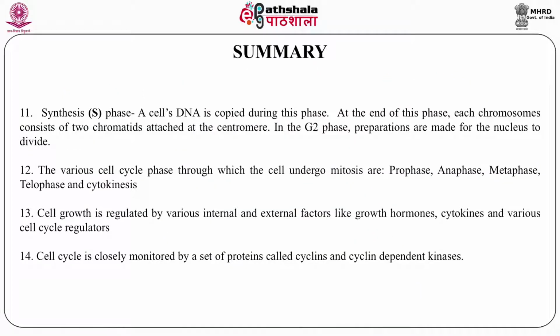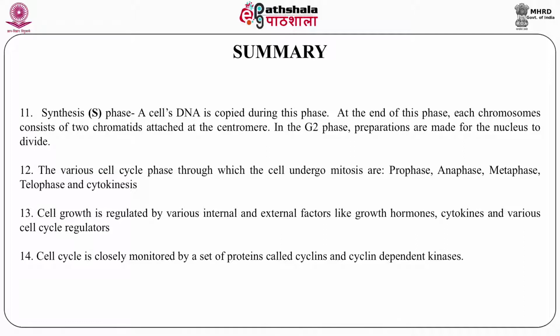In the S phase, or the synthesis phase, the cell's DNA is copied. At the end of this phase, each chromosome consists of two chromatids attached at the centromere. In the G2 phase, preparations are made for the nucleus to divide. Number 12, the various cell cycle phases through which the cell undergoes mitosis are prophase, metaphase, anaphase, telophase, and cytokinesis.